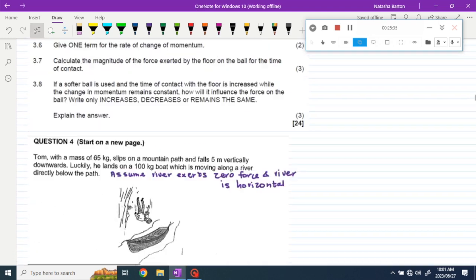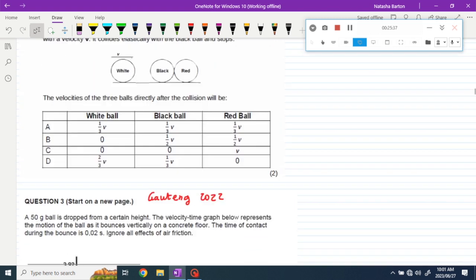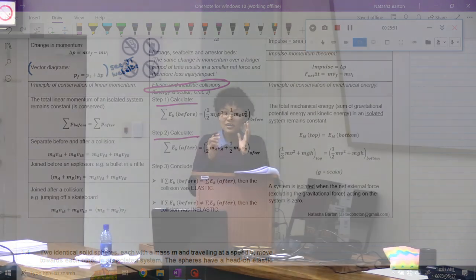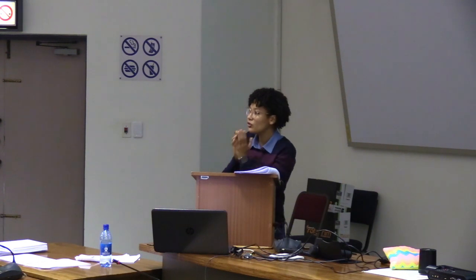So you're going to see on the summary page, I've included that, so it's over here. There's a lot of mistakes that happen here, but you do this, then separately you do that, and then you come to a conclusion.